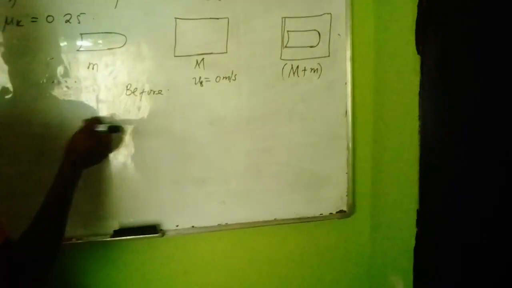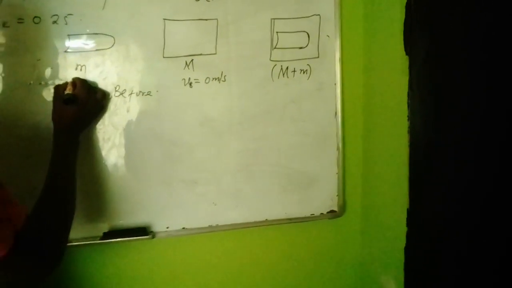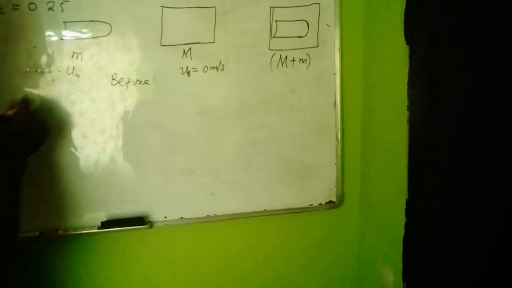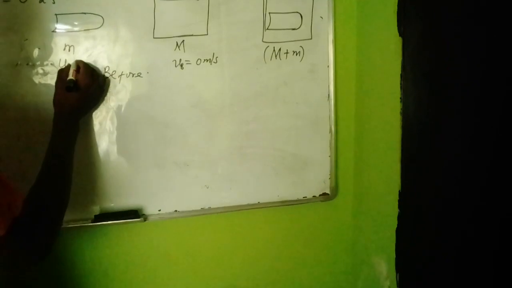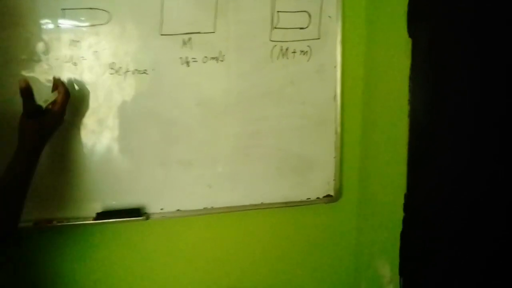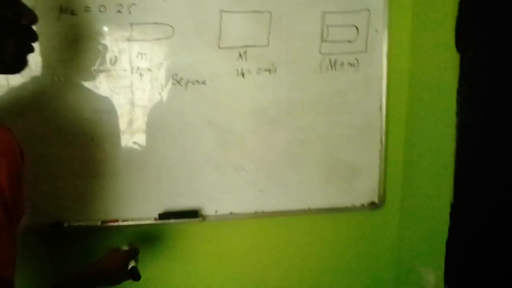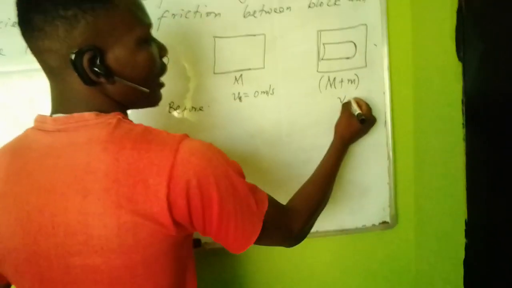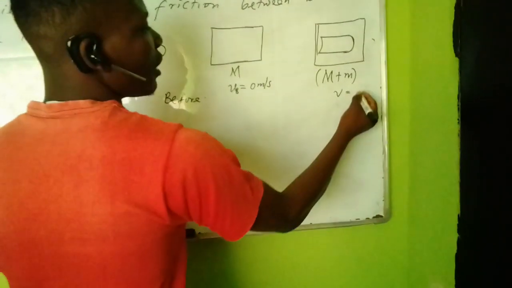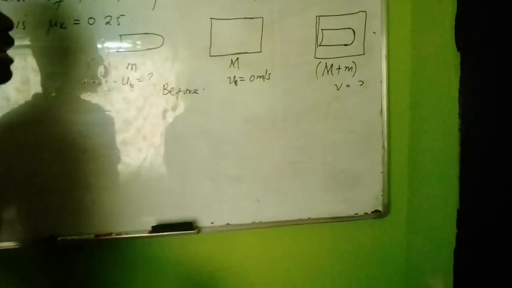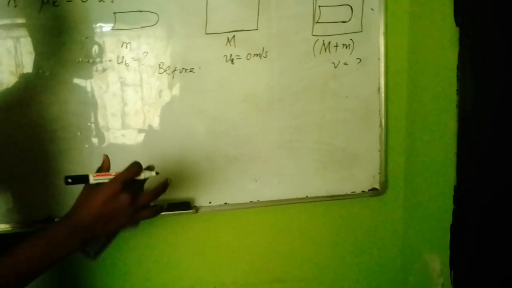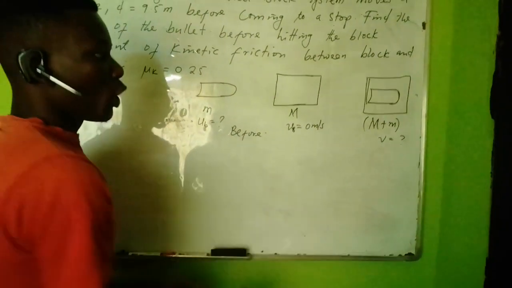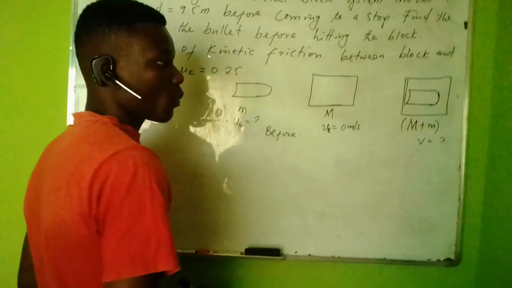It's at rest. And over here, the speed, I'll say u with a small letter b as the initial speed of the bullet, we don't know, and that is what we want to find. Now, after moving here, after the collision, we also don't know the speed at which the embedded block bullet system moved with. Okay, so we need to know that velocity as well.